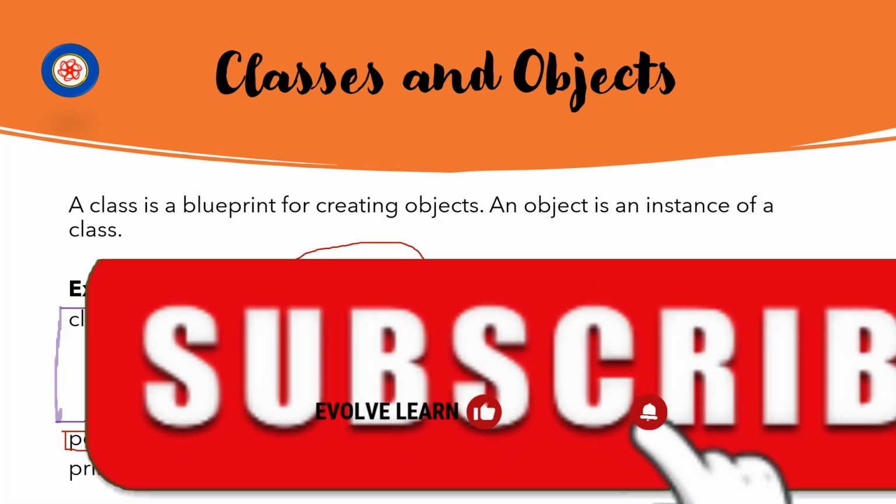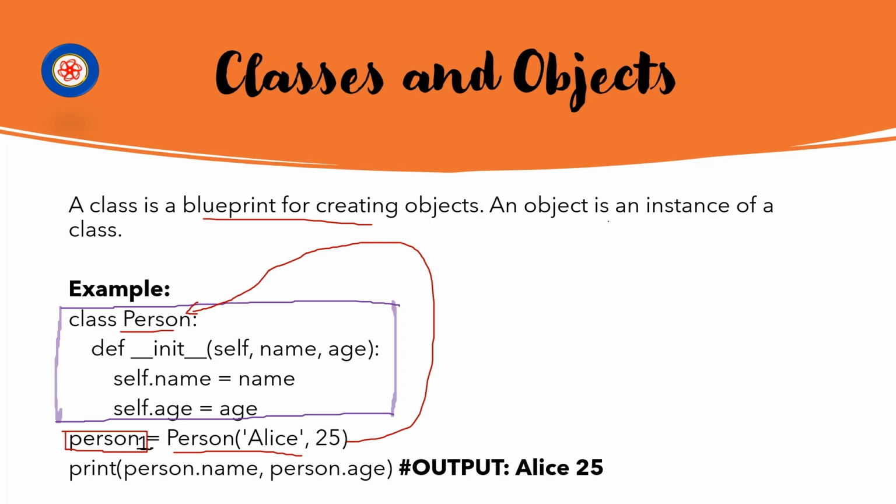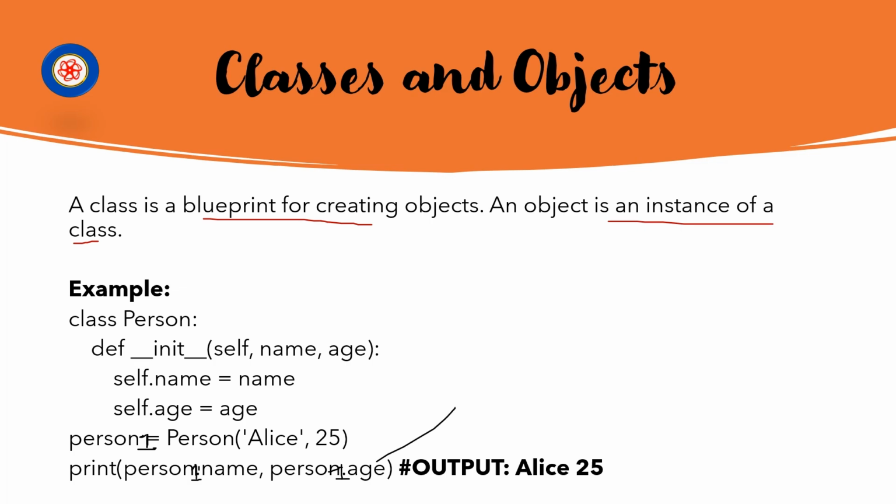I hope this is clear: why we call a class a blueprint for creating objects, and why an object is an instance of the class. As you can see in the example, we are creating this person1 object using this Person class with the set of attributes name and age. This line prints the name and age attributes of the person1 object. It will output Alice 25. With this, we have completed classes and objects.